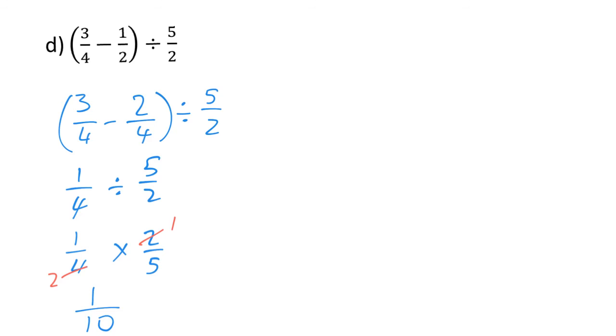And example E, what we've got is 1/2 multiplied by 1/4 plus a 16th. So we've got to follow the order of operations. So we do the multiplication before the addition. So we've got 1/2 times 1/4 plus a 16th.